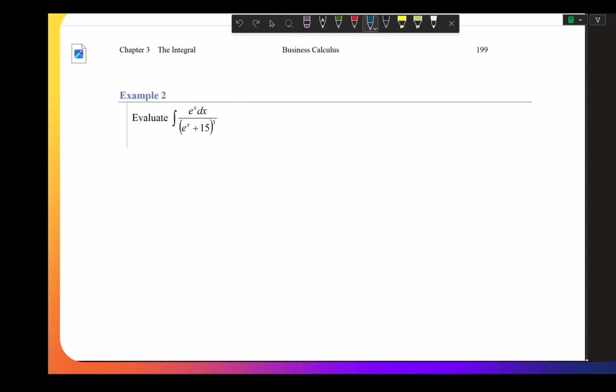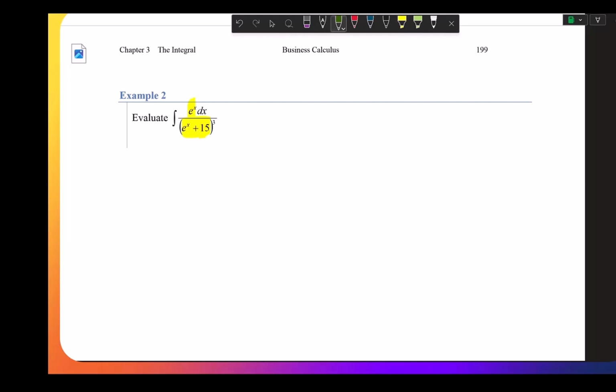And again, we have something that we don't have the formula for. But I look and I notice that I have an e to the x plus 15. And if I think about the chain rule, the derivative of that is e to the x. That's where that's coming from.